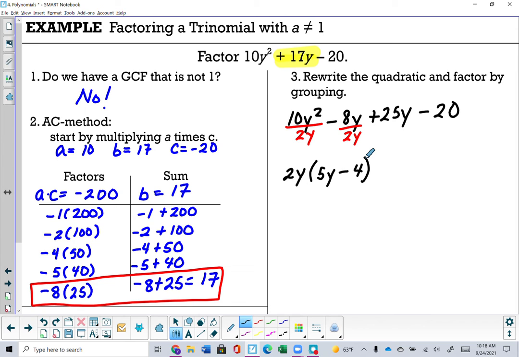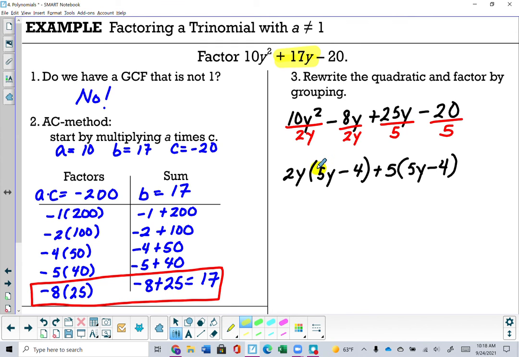Okay, our second group, our GCF, it looks like it's 5. So I'm writing plus 5 divided by, so we're dividing 25y by 5 and minus 20 by 5. So what do we get? We get 5y minus 4.